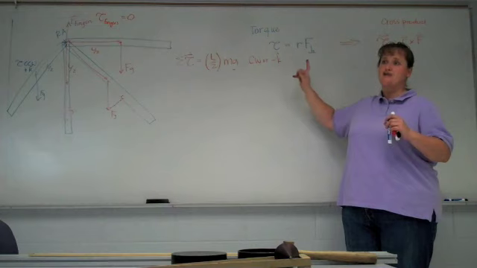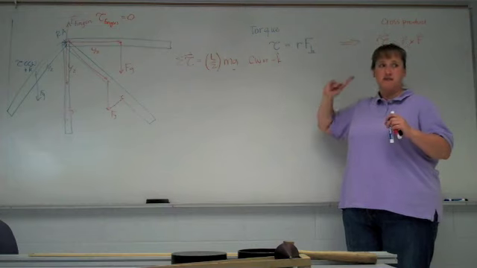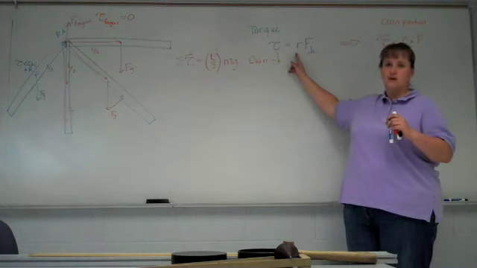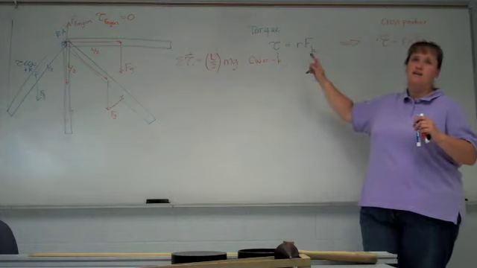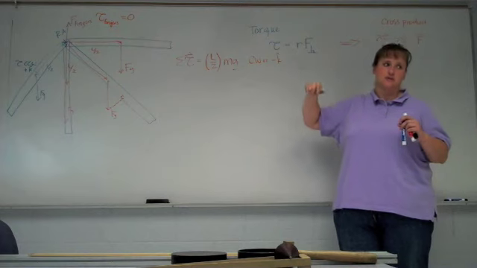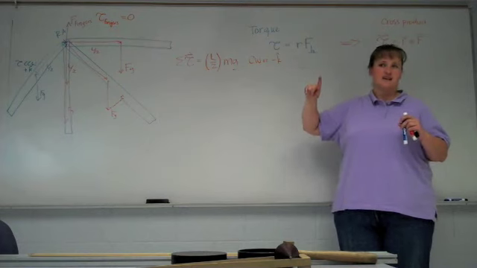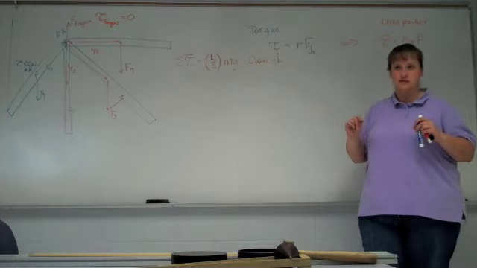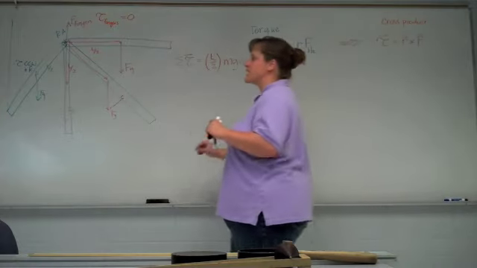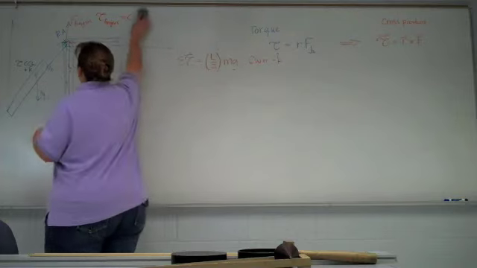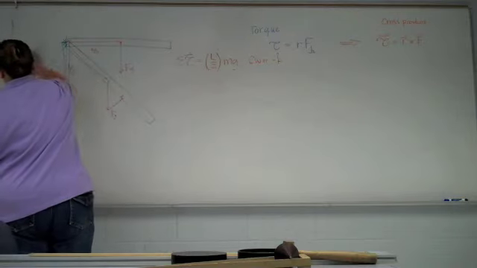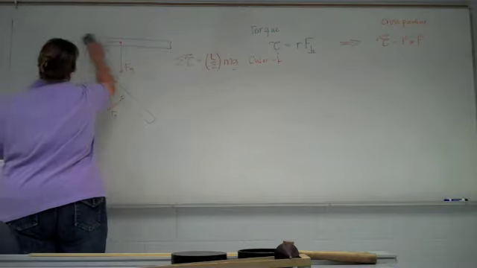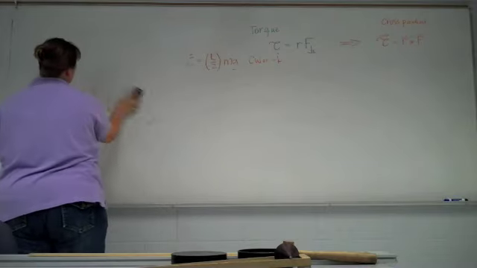In order to change the rotation of an object, make it start, make it stop, you have to have a torque. Not all forces will produce torques. You've got to get that in your head. Just because you have a force acting on an object does not mean that it will rotate. So Newton's second law.